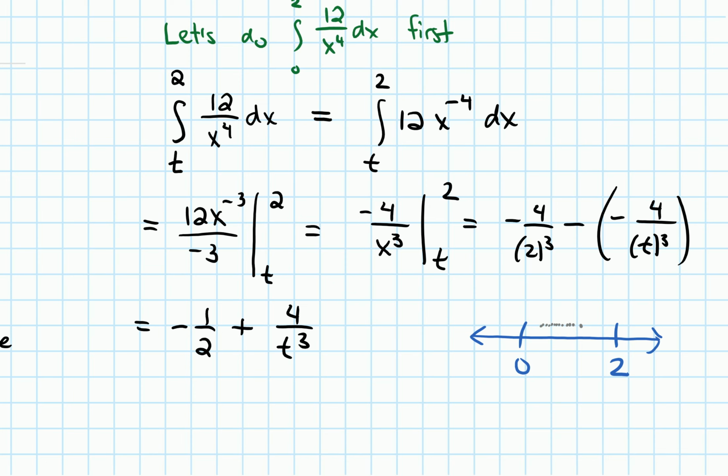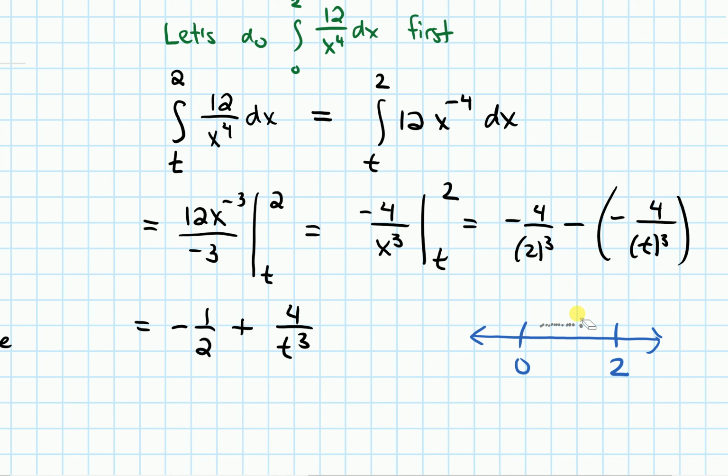Sorry, I can't remember if I said what made it improper was the 0 or the 2, so let me say that again. Our function is discontinuous at 0, so what's making it improper is the 0. When I take this limit, I need to be getting really close to 0 from within the interval.